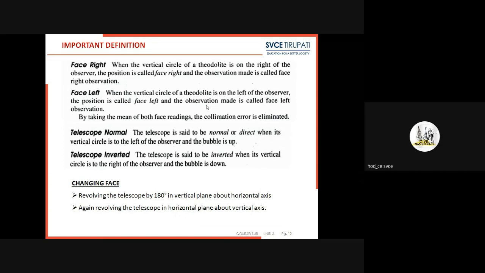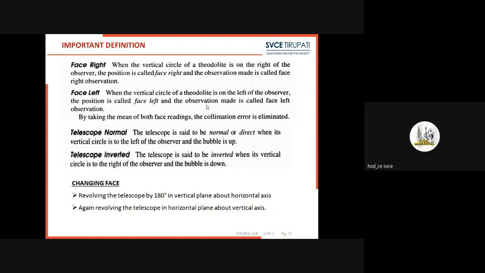And here we have face right and face left observations. Okay, face right and face left. మనం ఎప్పుడు ఫేస్ లెఫ్ట్ అండ్ ఎప్పుడు ఫేస్ రైట్ అంటాము అంటే, ఇఫ్ ద వర్టికల్ సర్కిల్ ఆఫ్ ది అబ్జర్వర్, ఐ మీన్ సర్వేయర్. ఓకే, సో సర్వేయర్ కి లెఫ్ట్ సైడ్ ఉంటే లెఫ్ట్ అబ్జర్వేషన్స్ అని, రైట్ సైడ్ ఉంటే రైట్ అబ్జర్వేషన్స్ అని అంటాం.